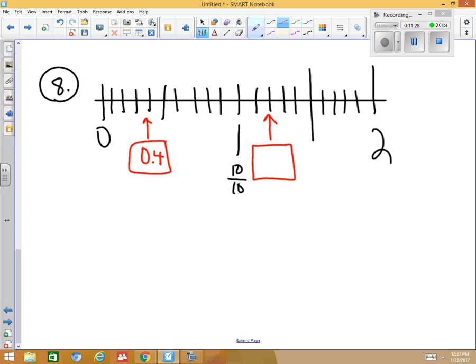Jackson, what is that second box? 1.2. It's 2 tenths. Because here is 1, 2, right? But if this is already 1 whole, I have to add 1 tenth. So 1 and 1 tenth. 1 and 2 tenths. So you are correct.